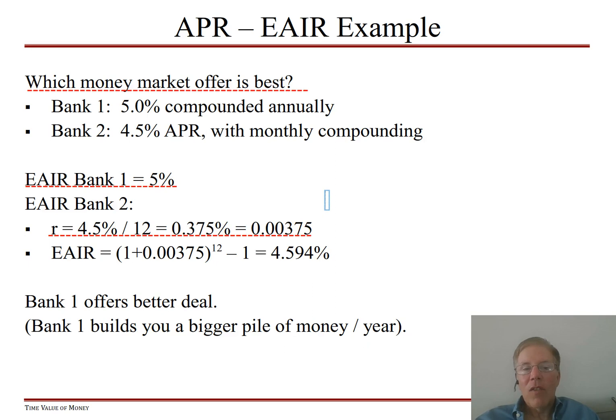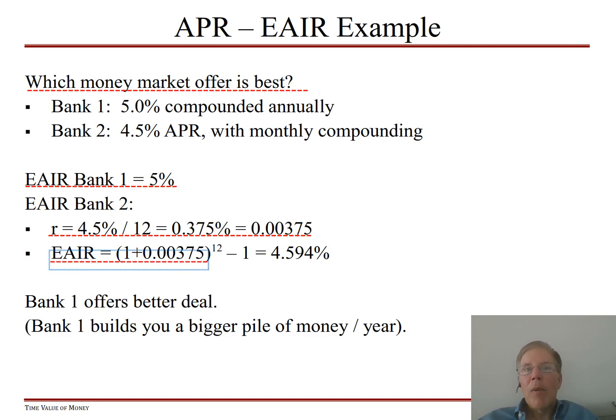So it was stated as 4.5% monthly compounding, so that means 12 compounding periods in a year, or 0.375%, okay?